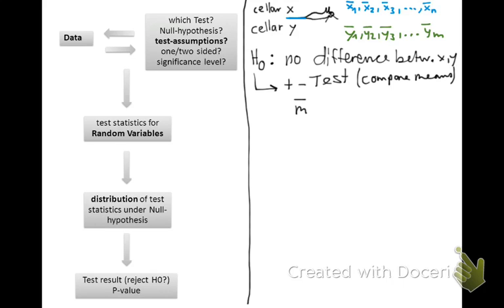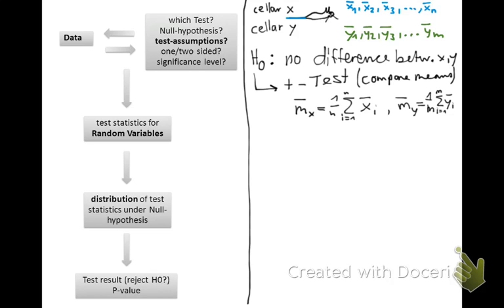The mean of x equals 1 over n, the sum of the xi, where i goes from 1 to n, and the mean of cellar Y can also be computed, 1 over m, the sum of the yi, and the i goes from 1 to m.